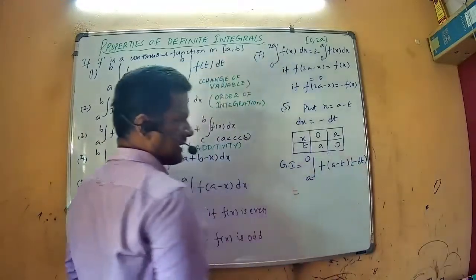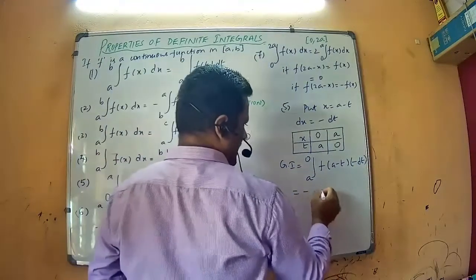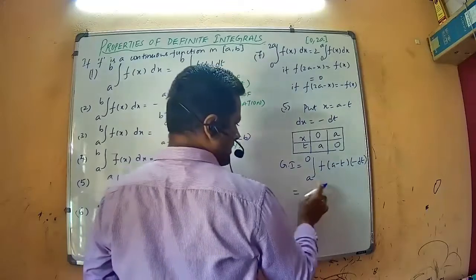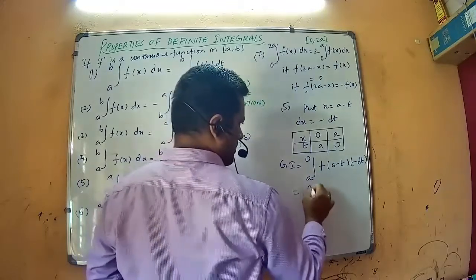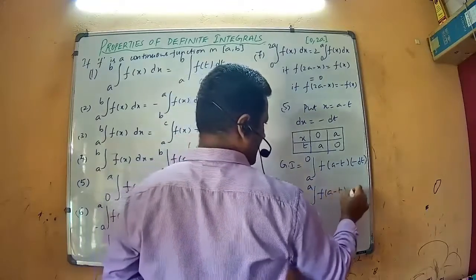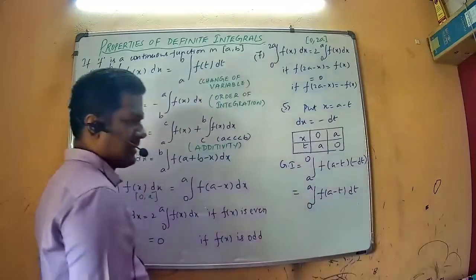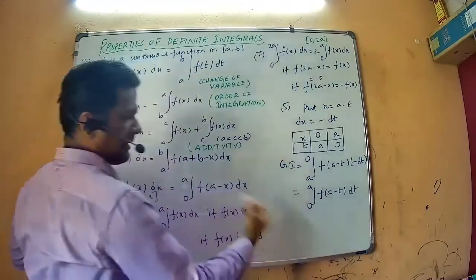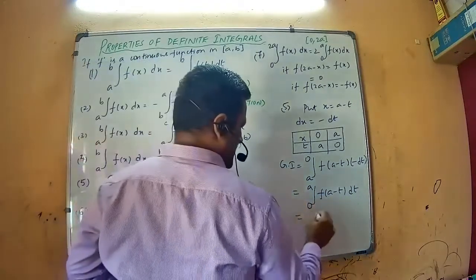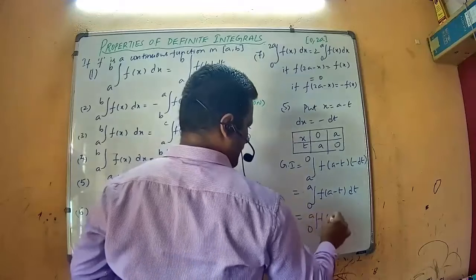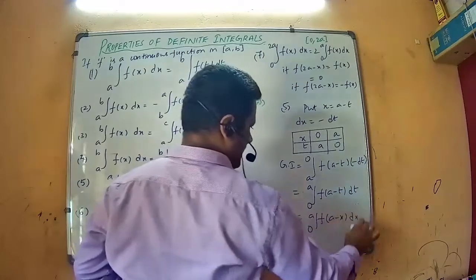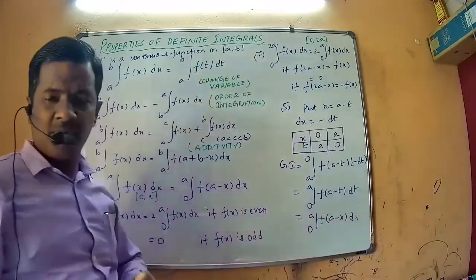I want to change the limits, so write the minus outside and simultaneously change the limits. So it will become plus: the integral from 0 to a of f(a minus t) dt. Now using the dummy variable property, I can write this as the integral from 0 to a of f(a minus x) dx. This is what we are supposed to prove.